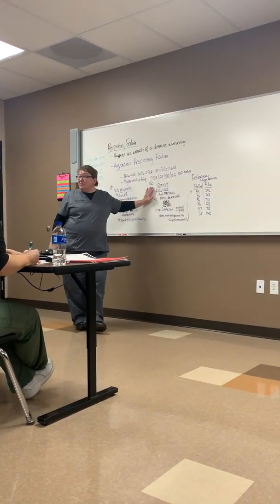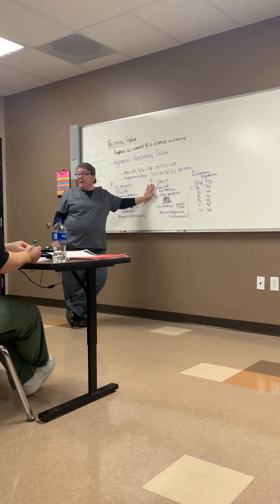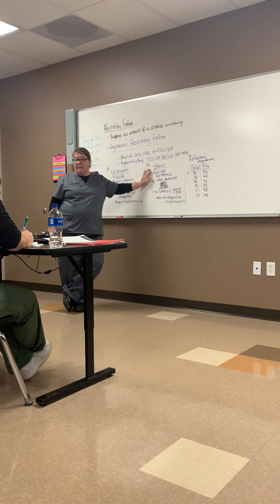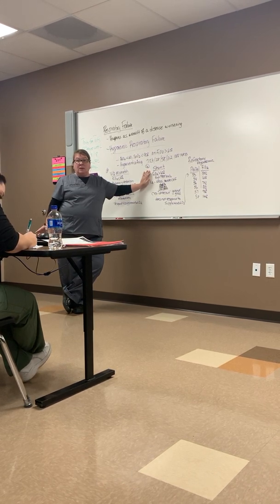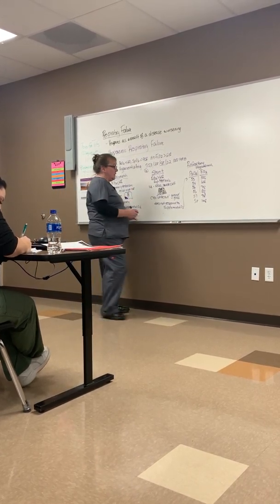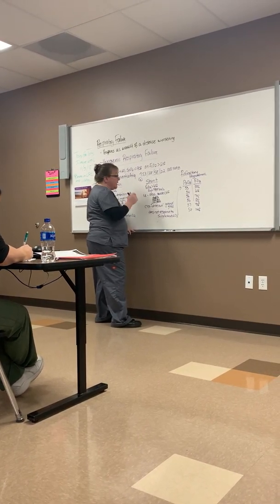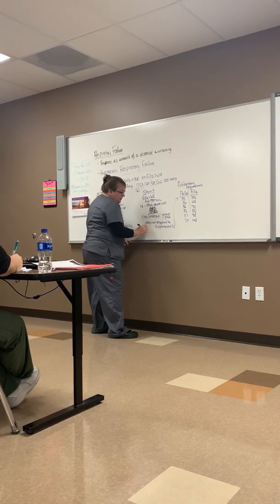So the shunt patients are the ones with the really high AA gradients and the really low P to F ratios. So we could say P to F ratios, depending on where they're at, really anywhere less than 300.